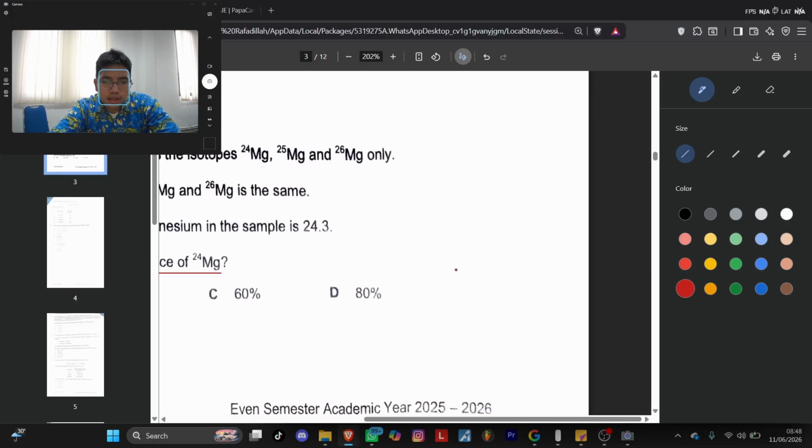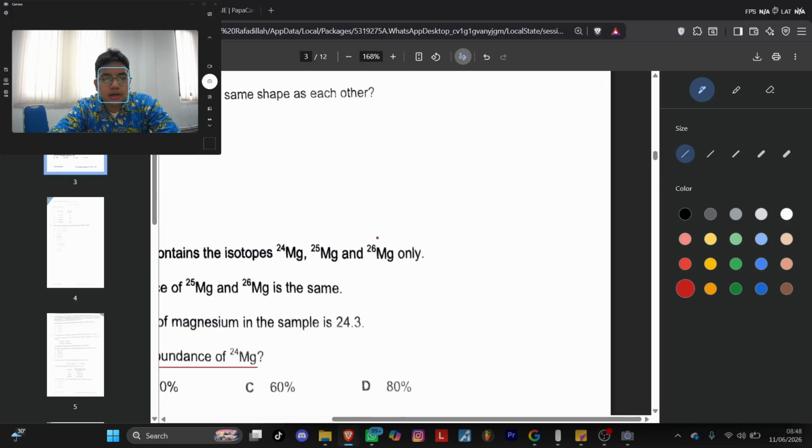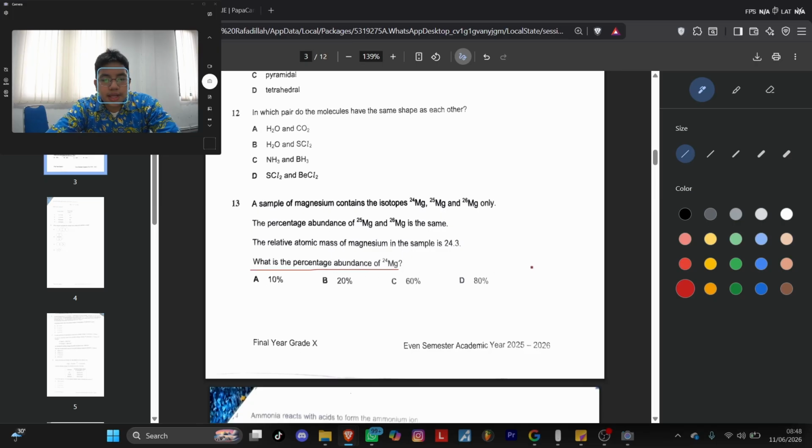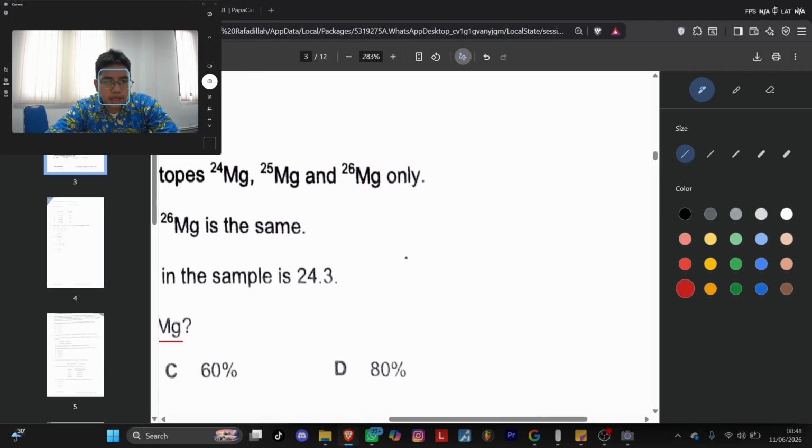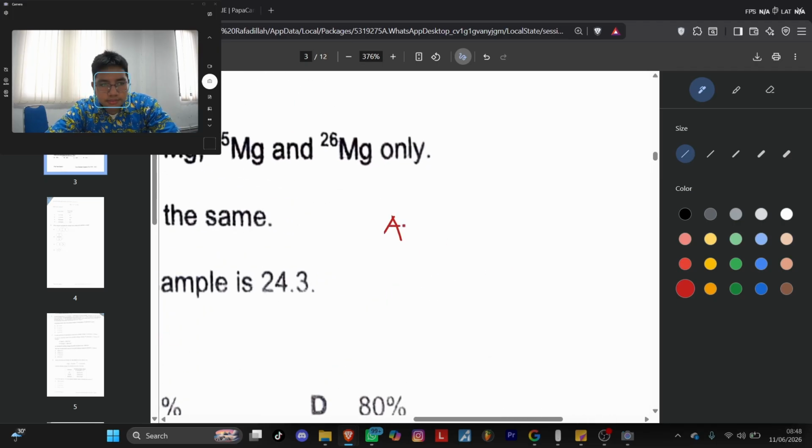Okay, so we know the equation is the relative atomic mass times percentage abundance, repeated up to n, divided by the total percentage.